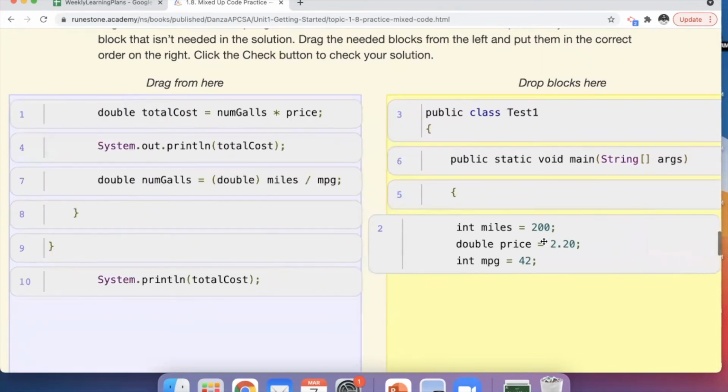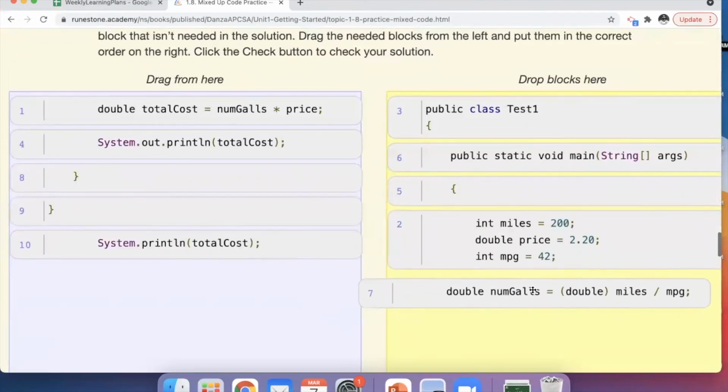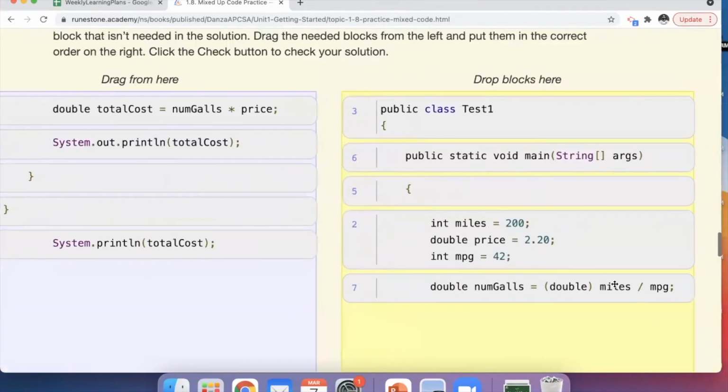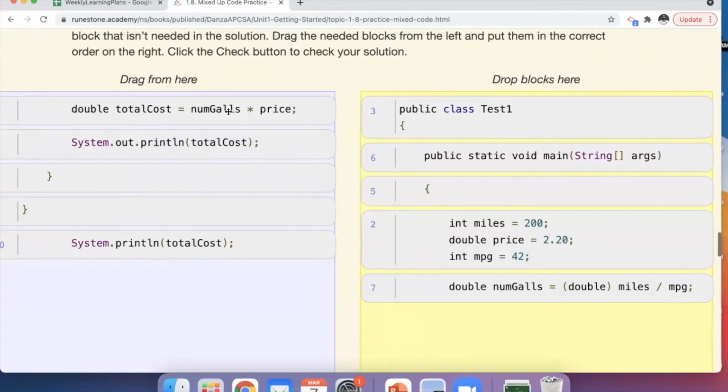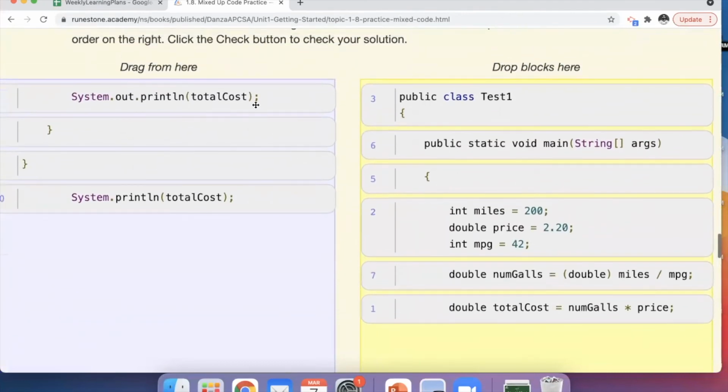Let's declare and initialize these variables right here. And then let's get the number of gallons. We're casting to double the miles and dividing it by miles per gallon. Then we want to find the total cost, how much it's going to cost. We want to print that out.